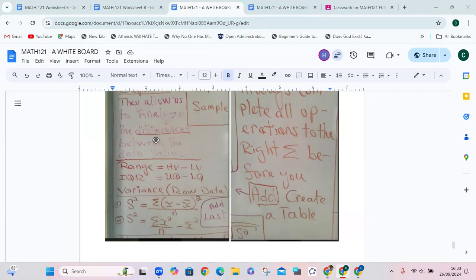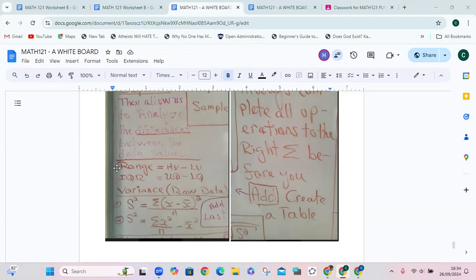Difference means to subtract. When we were calculating the mean, we did not have to subtract. We just add all the values and divide by the number of values. But if you're finding how one value is different from each other, you're comparing the values, you're finding the difference, you have to subtract.